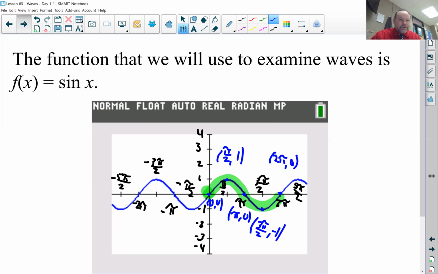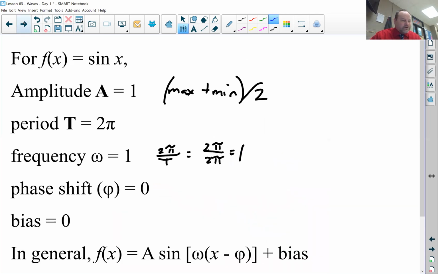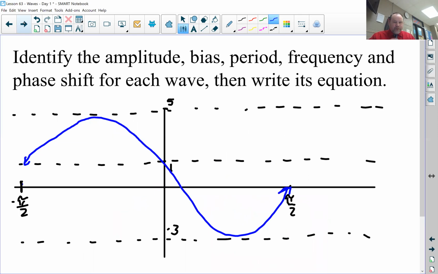All right. So here's what your homework is going to look like. Identify the amplitude, the bias, the period, the frequency, and the phase shift for each wave. Then write the equation. So here's a sketch of a sine wave.